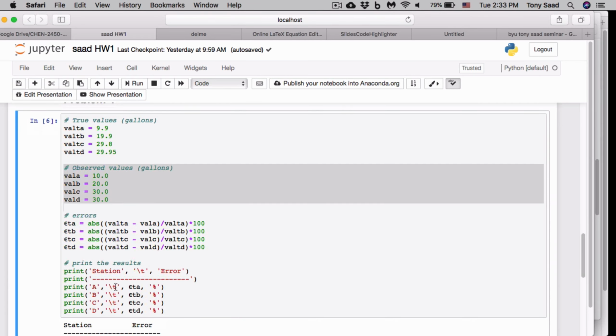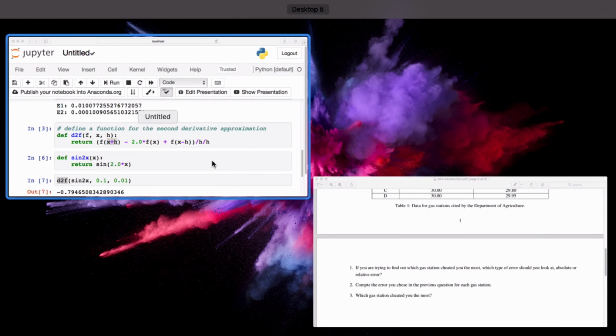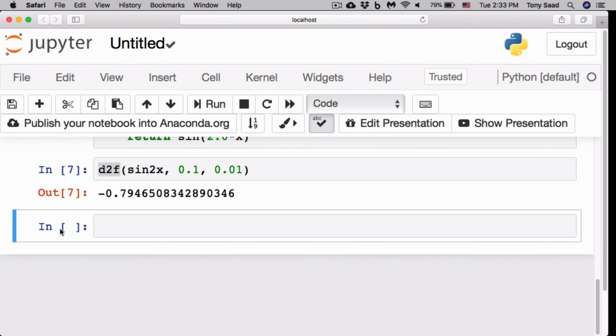The solution that I would do, the elegant solution, is to actually put all of these numbers in a list, all of these gas stations in a list, okay? So think of it this way. You have a column of the true values and a column of the approximate values.